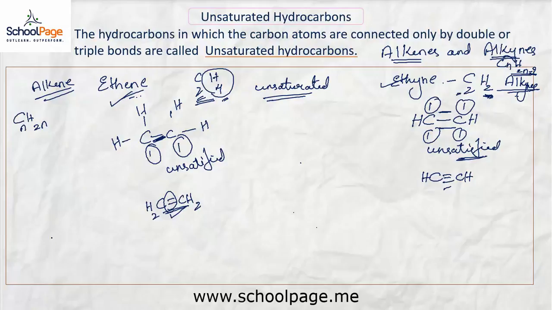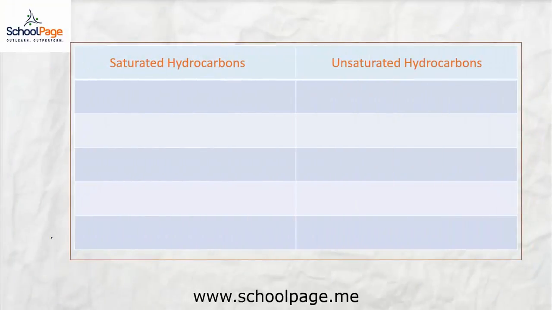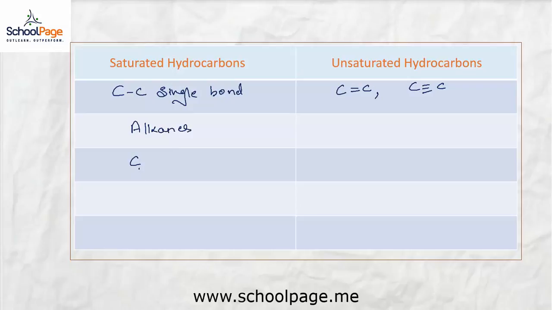Now let us recall things quickly. Saturated hydrocarbons are the carbon compounds which have carbon-carbon single bonds, whereas unsaturated hydrocarbons have a carbon-carbon double bond or triple bond. Saturated hydrocarbons are also called alkanes and they have the general molecular formula CnH2n+2.